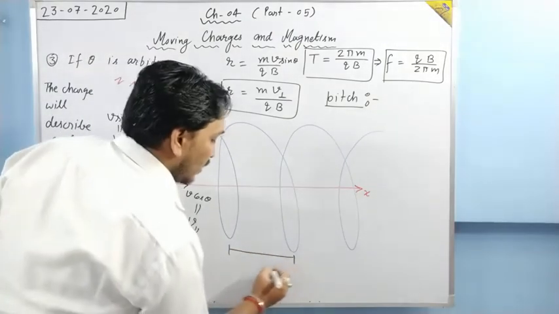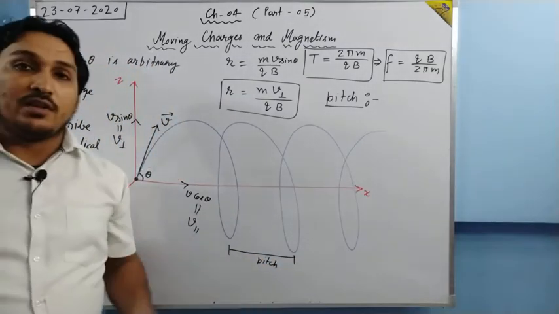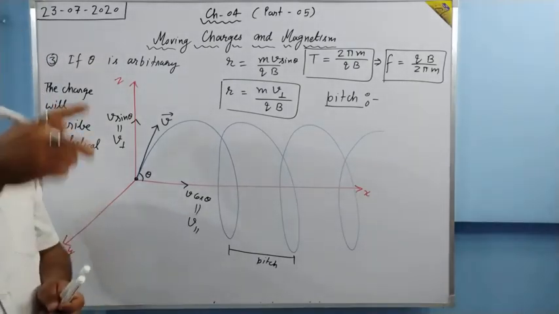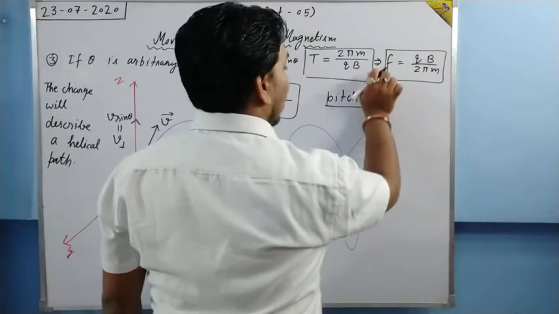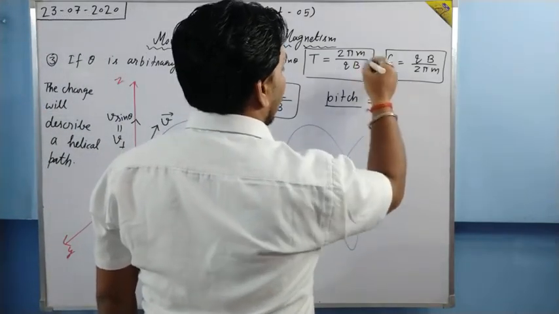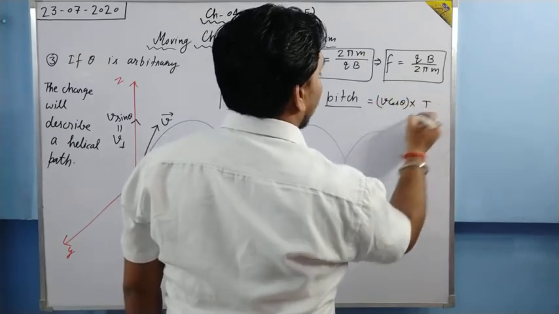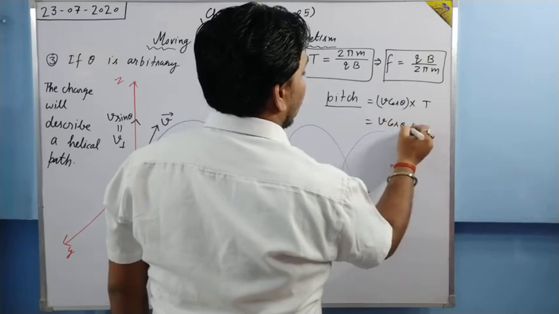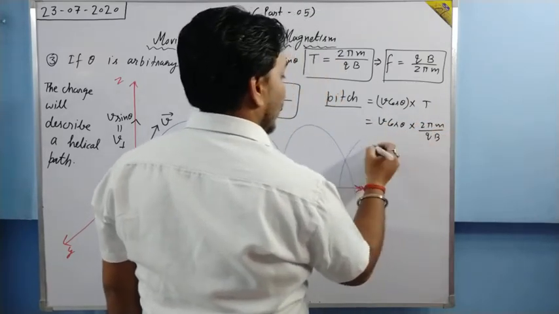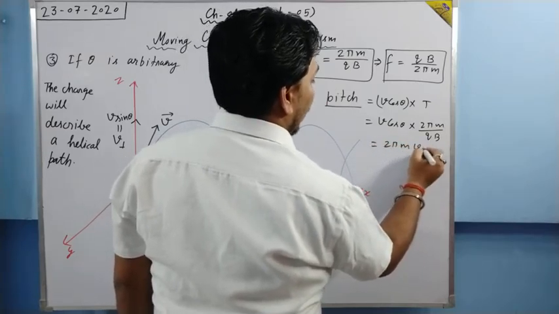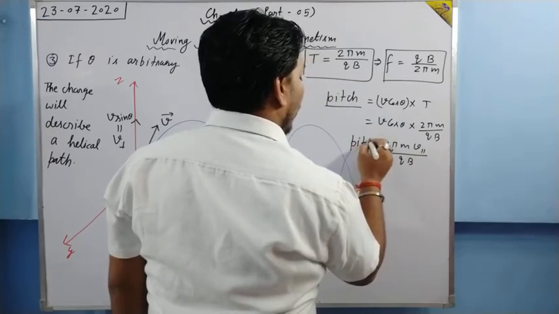Pitch is the linear distance traveled in the direction of the magnetic field in one complete circular motion, or in one time period. So pitch is given by velocity v cos theta multiplied by the time period. V cos theta remains constant, and the time period is 2 pi m upon qB. So the pitch is 2 pi m v parallel upon qB. This is the formula for pitch.